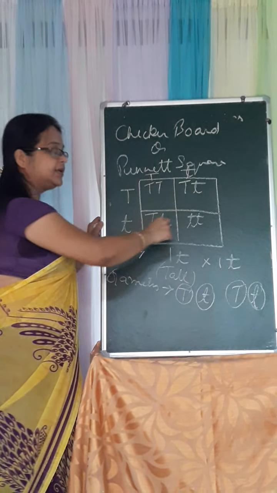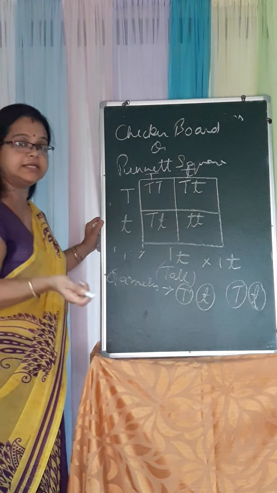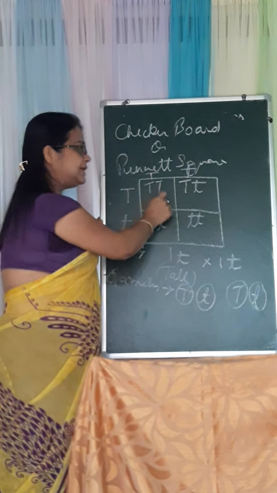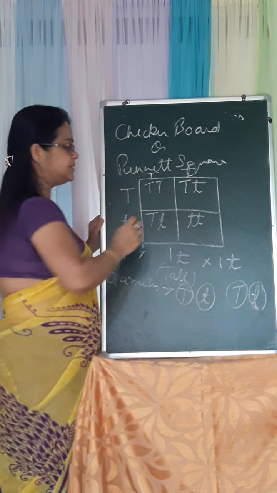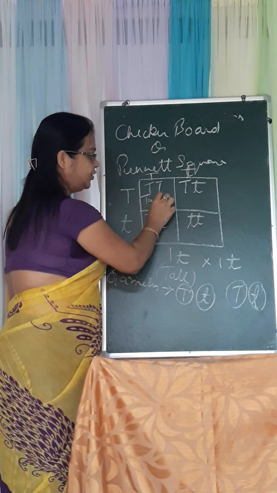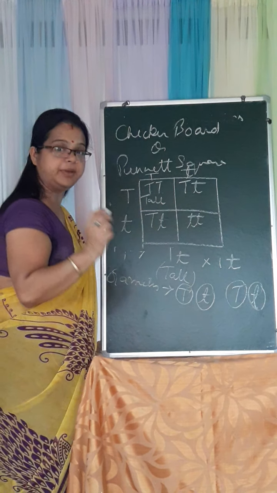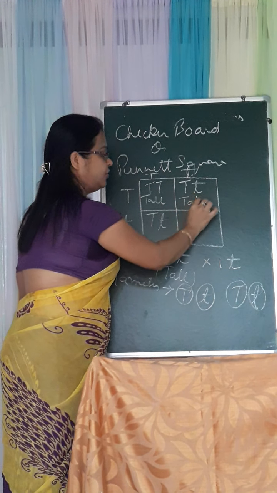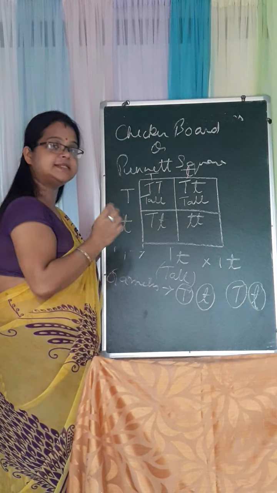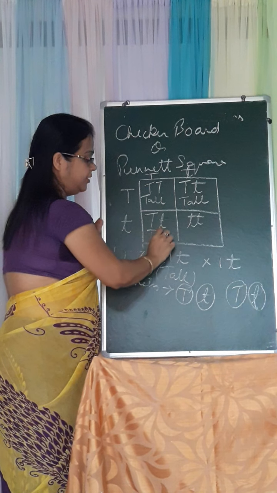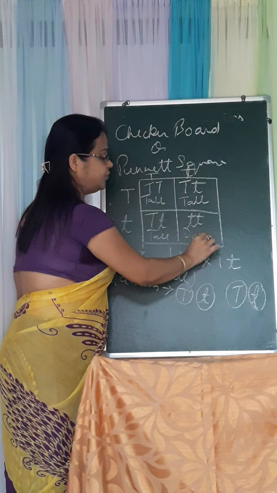This is the genotype. What is the phenotype? When capital T is present, the phenotype will be tall. Capital T, small t: capital T is dominant, so this will again be tall.